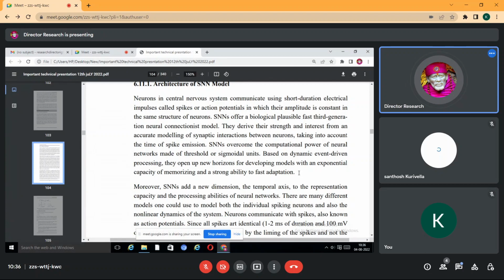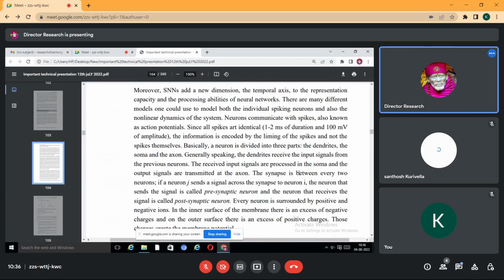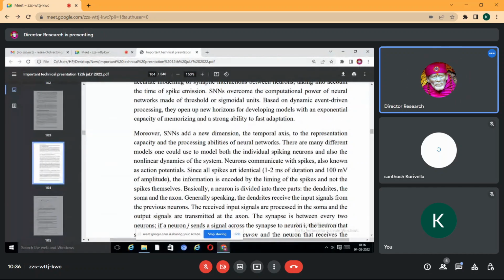They open up new horizons for developing models with exceptional capacity of memorizing and a strong ability for faster adaptation. They add a new dimension, the temporal axis, to the representation, capacity, and processing abilities of neural networks.